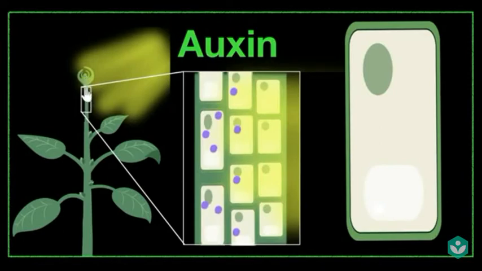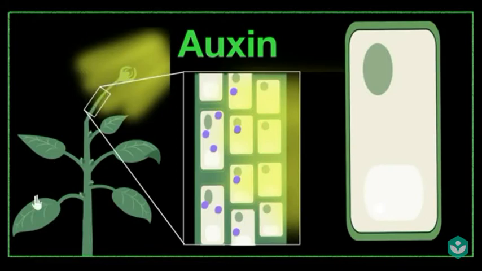The left side or shady side starts elongating longer compared to the right side of the plant. Automatically, the shoot tip will start bending towards the light. So, auxin helps here for elongation of cells and for phototropism. So, it is a growth hormone.